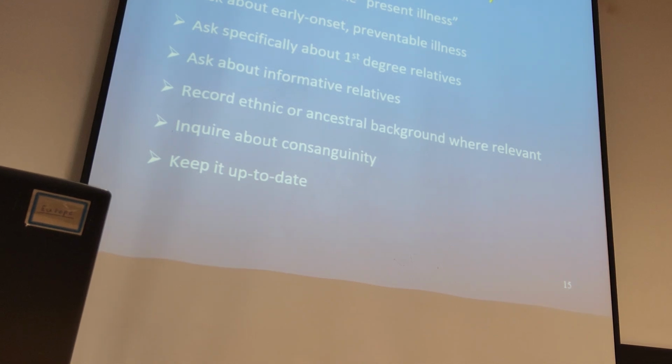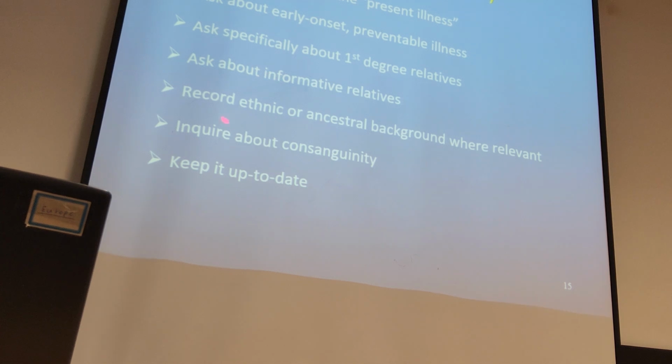To take a family history, we need to take the history which is relevant to the present illness. We need to know about early onset and preventable illness, the first-degree relatives, and informative relatives in the family.